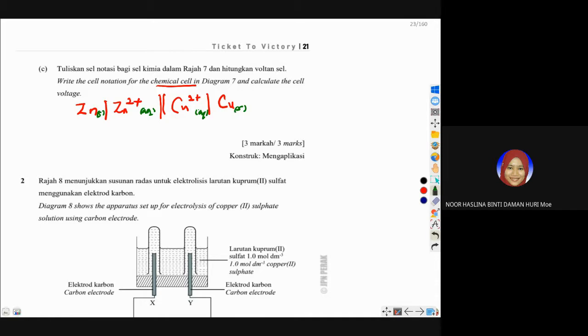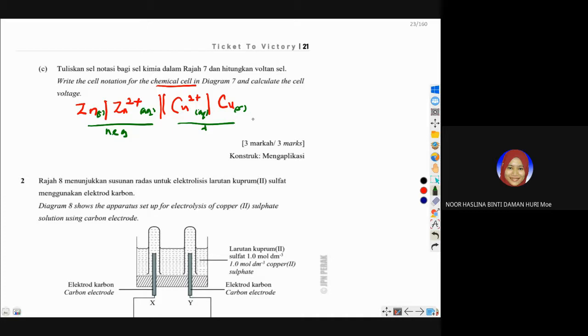If you write only this without any solid or aqueous, never mind, as long as you know which one is the negative terminal and which one is the positive terminal. Remember, negative first then positive. Remember, right hand side is the positive one, left hand side is the negative one. So negative terminal, after that you put the positive terminal.